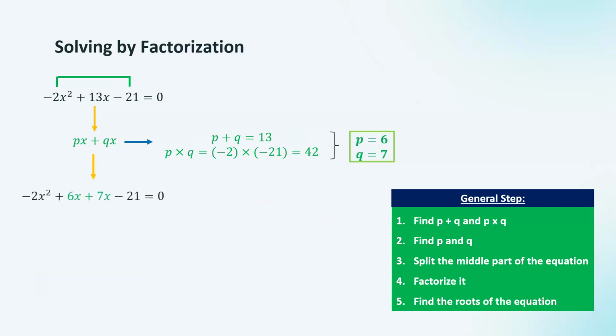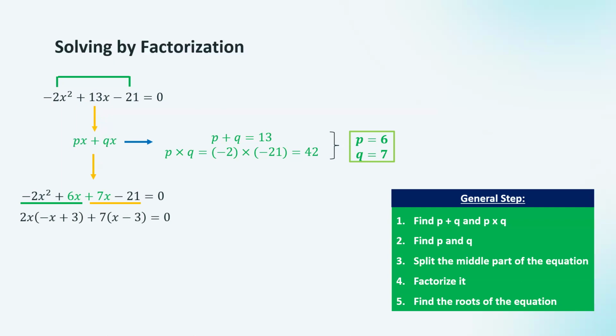And after that, we can try to split the equations, and we can try to find the green part and the yellow part, and then we can try to factorize it. So for the green part, we can take out 2x, since that is the common factor. So 2x times -x plus 3 plus 7 times x minus 3.